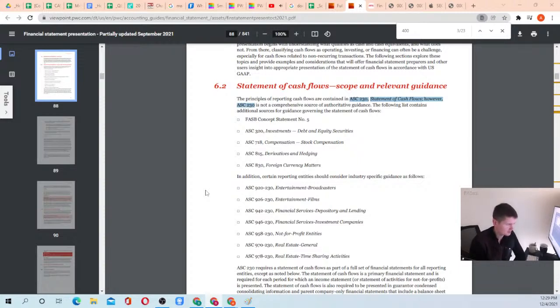For example, if you use the indirect method and in your income statement you included some items related to financing or investing activities, you need to reclass those. So no one tells you the order of how you want to show it. However, there is more of a tradition, I would say.